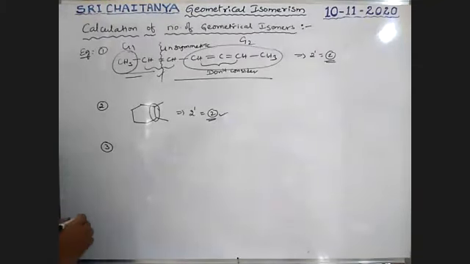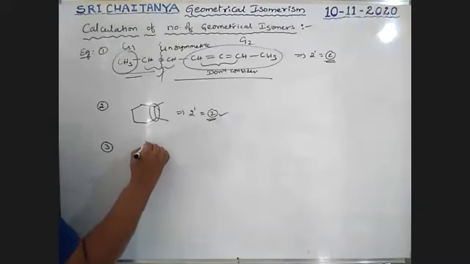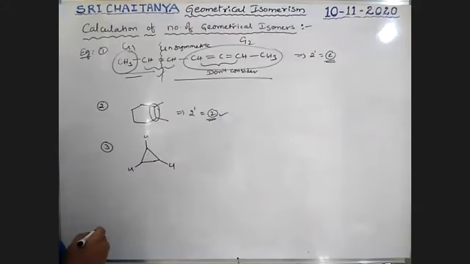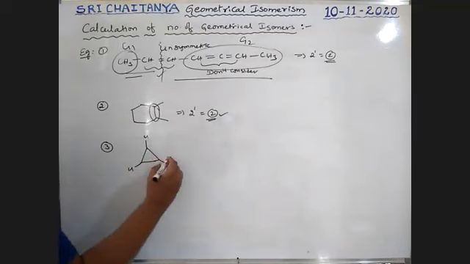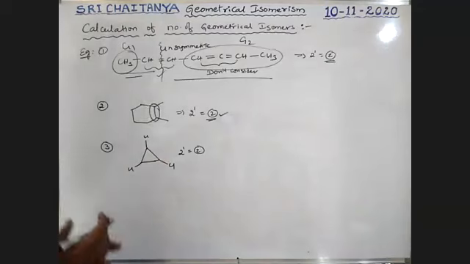Next, third case. If I am taking the compound like this, with Cl, Cl, Cl, it is one ring here. It has 2 power 1, that is 2, as the answer. All chlorines up.